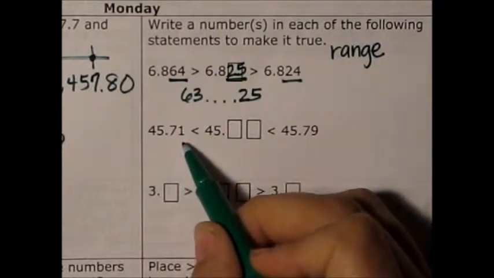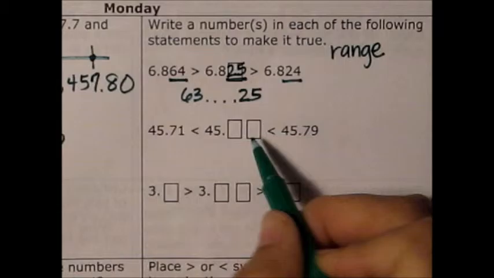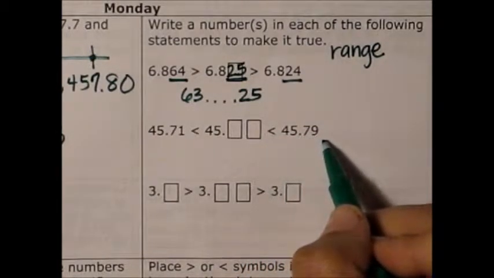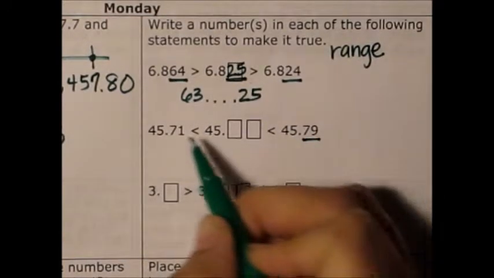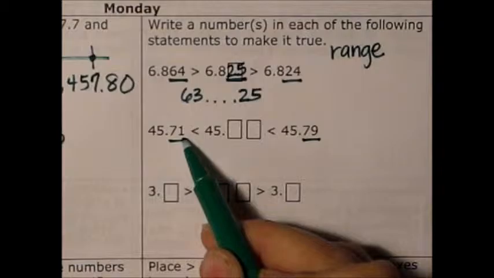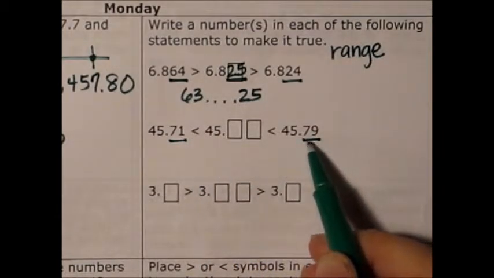45 and 71 hundredths is less than 45 and mystery numbers, and that is less than 45 and 79 hundredths. So our 45s are the same, so now we're just comparing what's behind the decimal, in this case all the way to the hundredths. This is less than, and this is less than here.